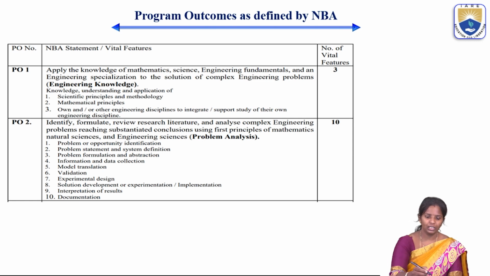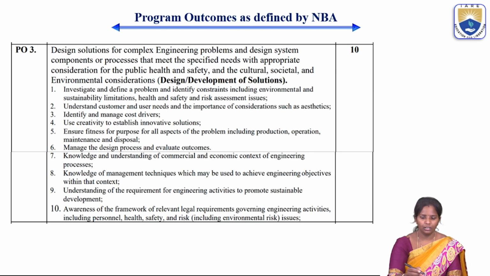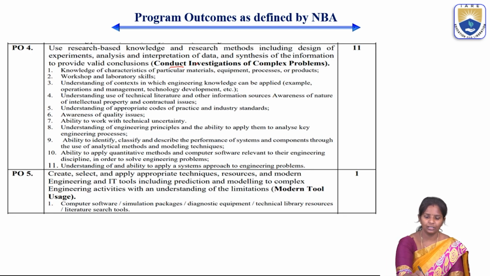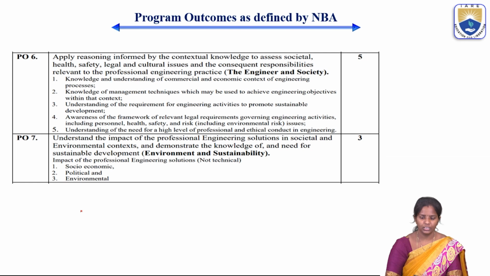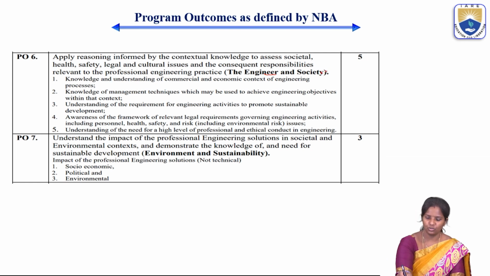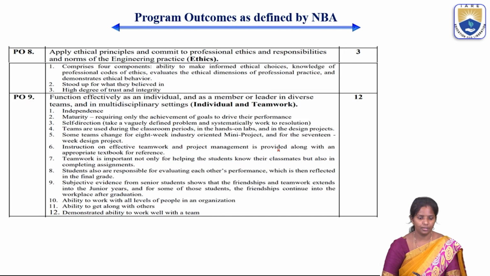PO1 gives engineering knowledge, PO2 problem analysis with 10 vital features, and here it is 3. Third is design and development of solutions. Fourth is conduct investigations of complex problems. Fifth is modern tool usage. Sixth is the engineer and society. Seventh, used in the matrix mapping, is environment and sustainability with 3 key features.